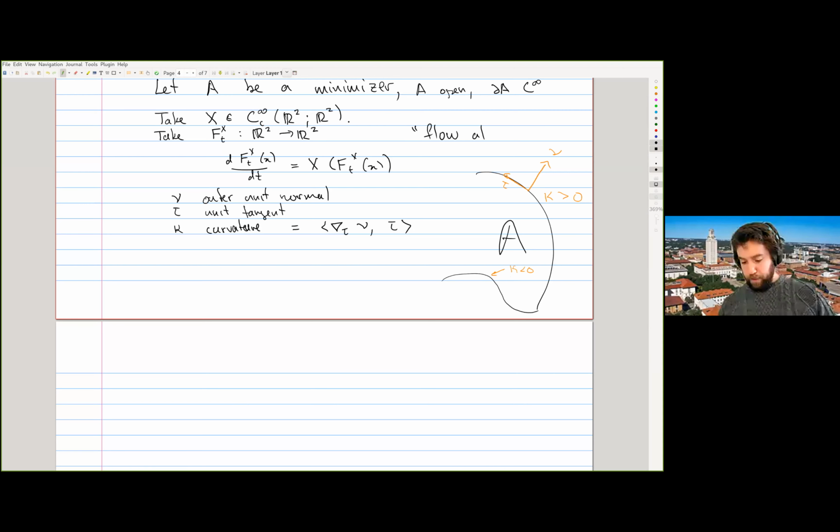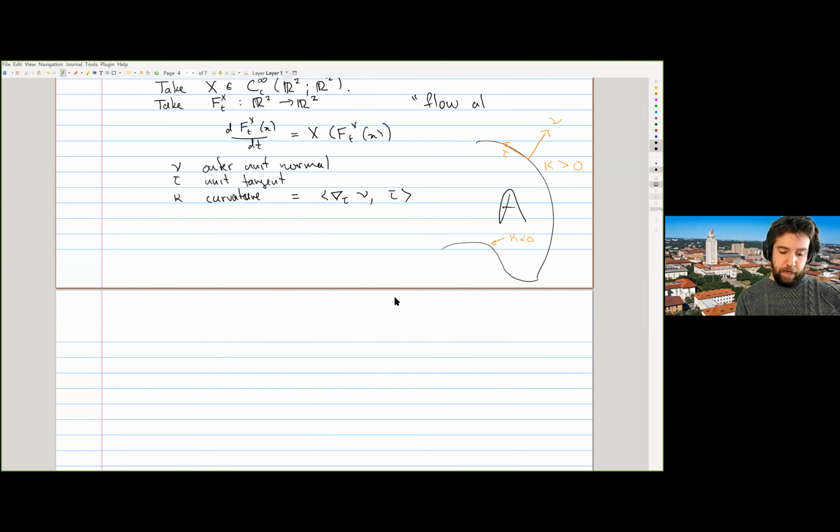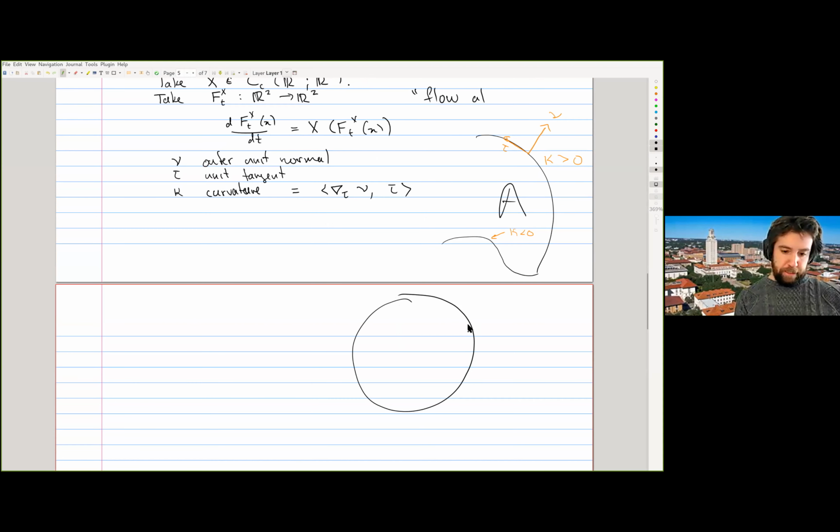Now, what's going on here is I have my set A. Let me draw another one. And I'm perturbing it by choosing a compactly supported vector field, for example, this little bump. So this vector field is supposed to be like a bump function in the direction of the outer unit normal.